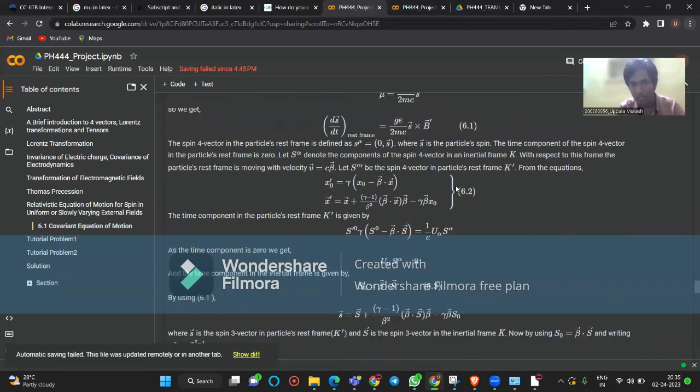We said before that this s naught prime, the time component of the electron in its inertial frame, should be 0.